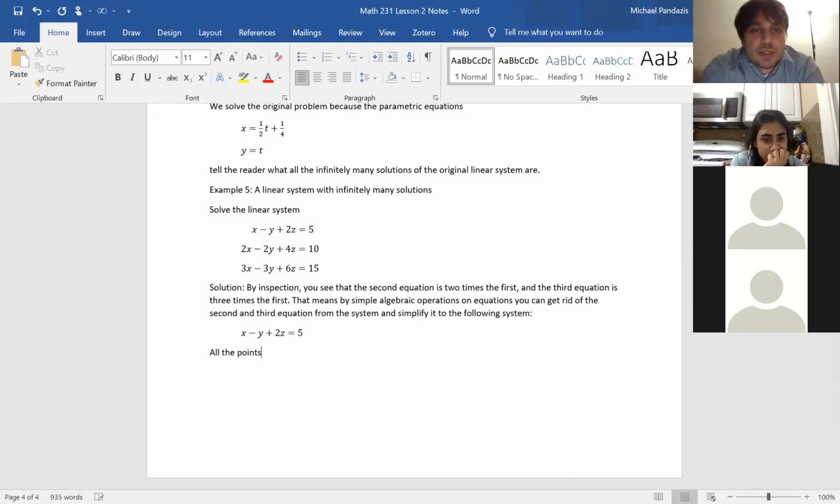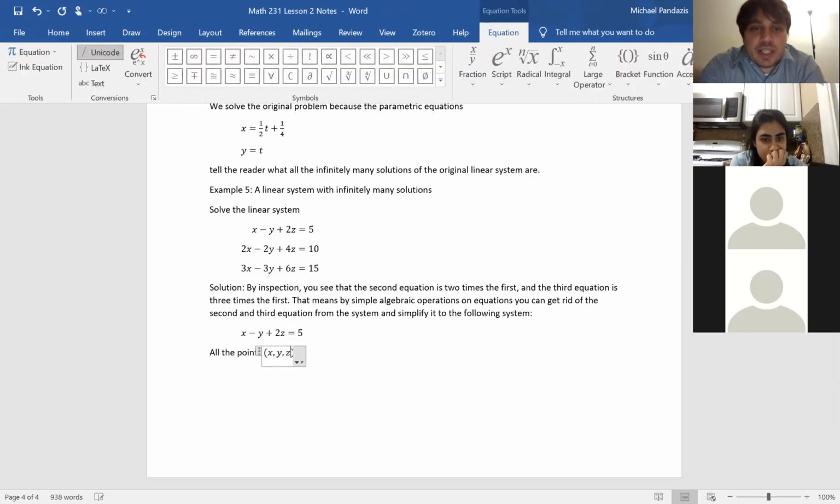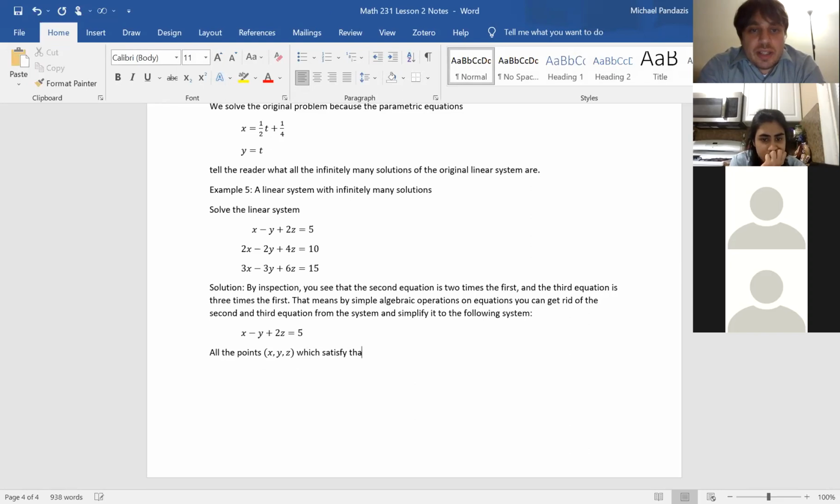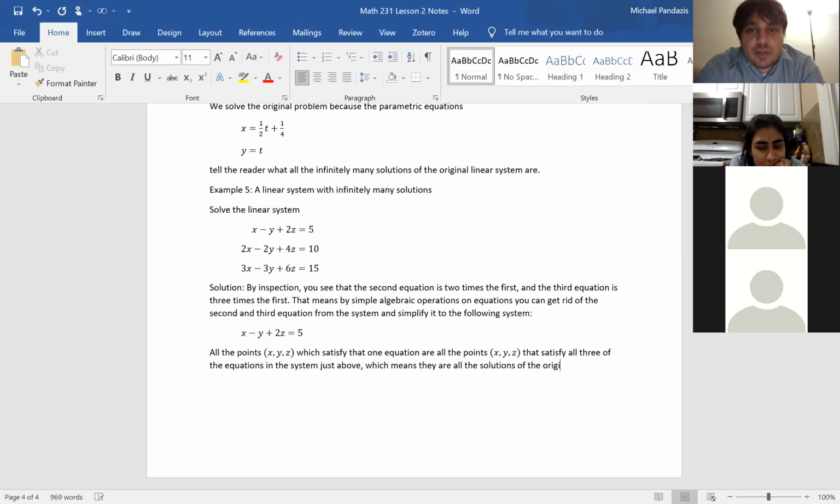All the points x comma y comma z which satisfy that one equation are all the points that satisfy all 3 of the equations in the system just above it, which means they are all the solutions of the original linear system. Okay, so what we want are all the points x, y, z that satisfy that one equation, x minus y plus 2z equals 5.